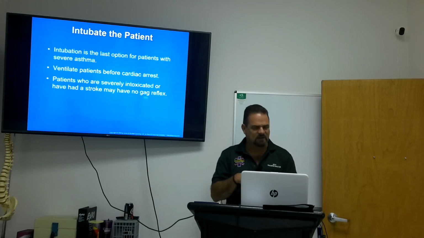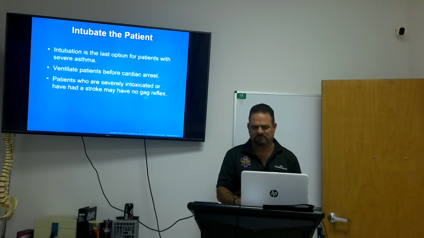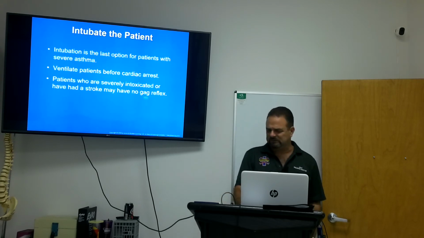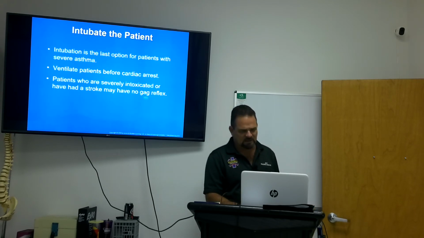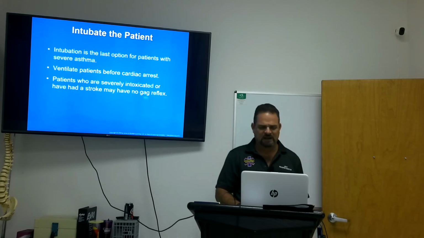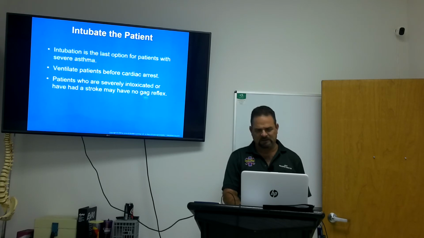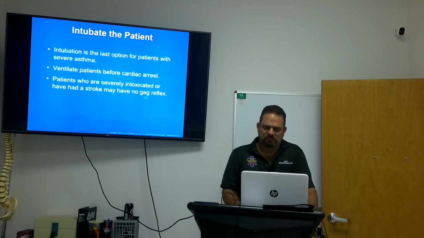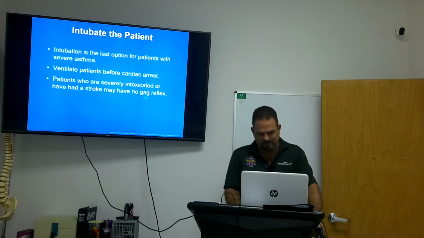Intubation can be life-saving, and many patients can be extubated in a hospital setting with a good outcome. Some issues to consider. Intubation should be the last option for patients with asthma because they're prone to pneumothoraces. Ventilate patients before cardiac arrest occurs. If the patient is in respiratory distress but still conscious, he or she will require sedation and neuromuscular blocking medications before intubating.